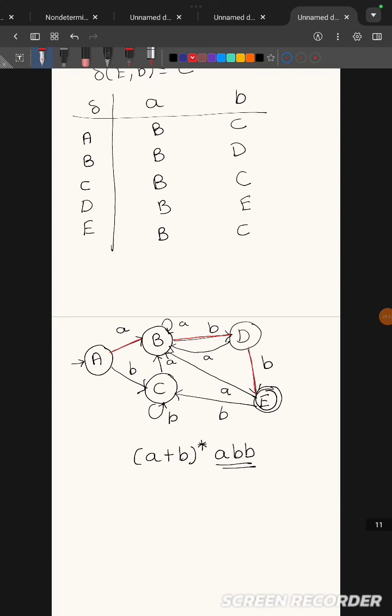So it is accepting the string that ends with abb. Suppose we have a string abb followed by a, then what will happen? It will go from A to B, B to D, D to E, then it is going back to the B state. It is not accepting. So this is the DFA for the given epsilon NFA.